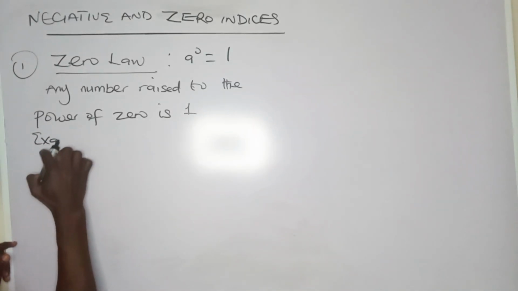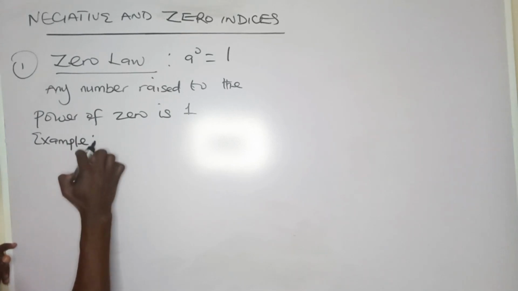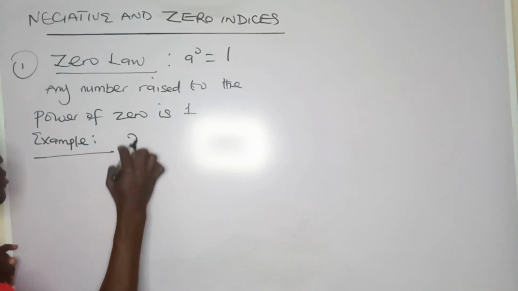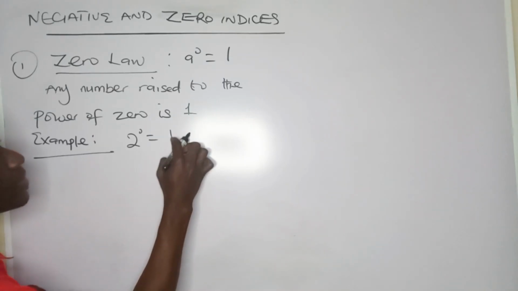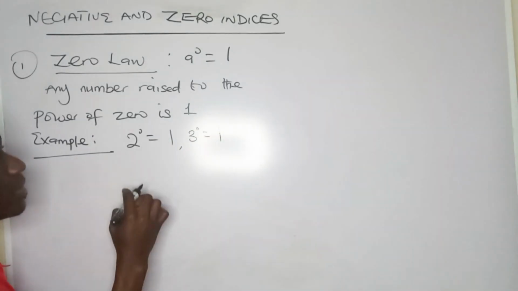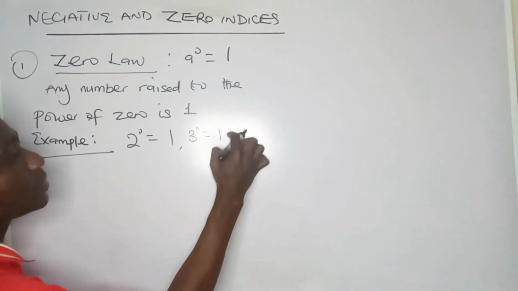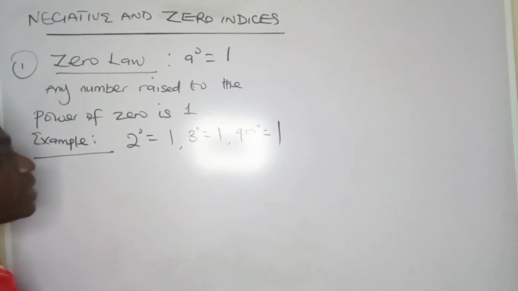Example, you could say 2 raised to the power of 0 is 1. You can say 3 to the power of 0 is 1. 400 to the power of 0 is 1.